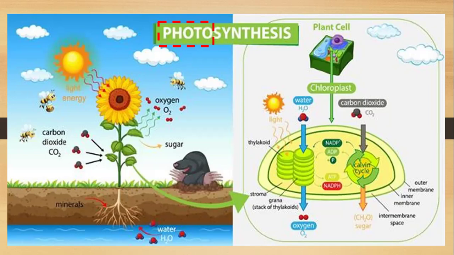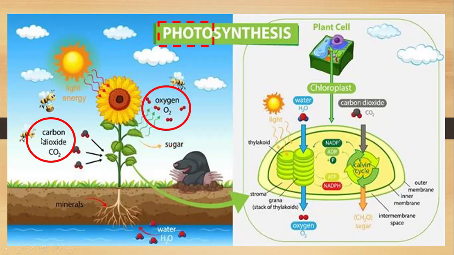So what are the very essential components for photosynthesis? Yes, sunlight, then the chlorophyll pigments, and what is next? That is a very essential gas, carbon dioxide. Without carbon dioxide, photosynthesis is never going to work.